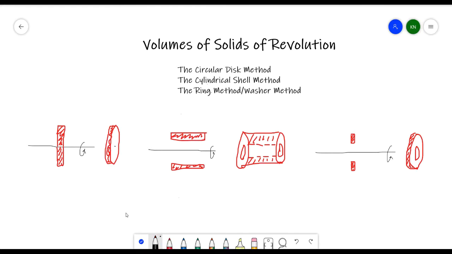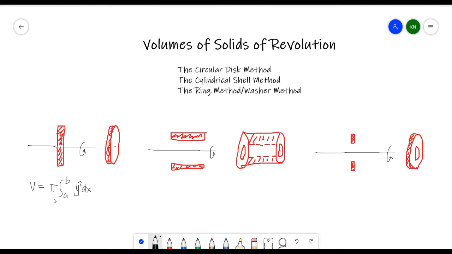For the equation of the volume of each method, we'll start with the circular disc. If we have a vertical strip, the volume is equal to pi integral from a to b, that is our limit, of y squared dx.